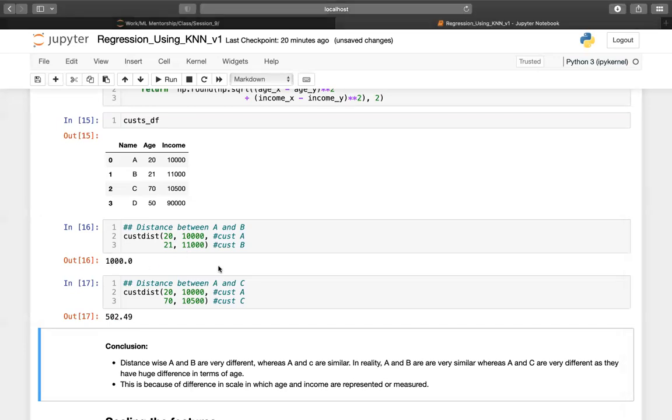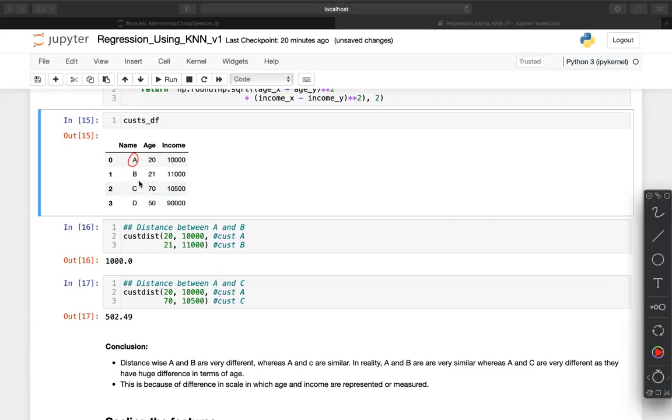So the distance says that customers A and C are very similar compared to A and B. But intuitively, from the data, A and B are similar compared to A and C.